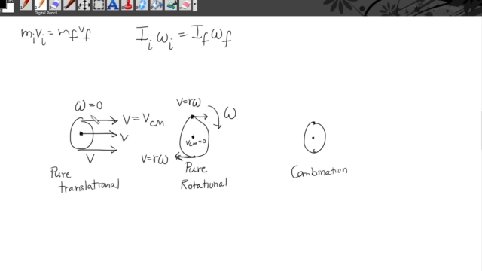Because this is a combination of these two, we can just add them up to see how it works. So here, the velocity would be equal to 2 times r times omega, because now you're also factoring in the translational speed. At the center of mass, it would just be r omega. And here, it would actually be instantaneously still, so it would just be 0.